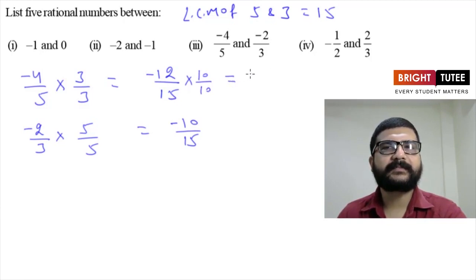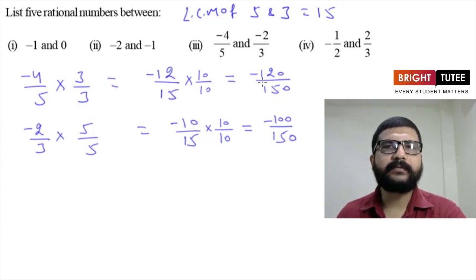Now this will give us minus 120 upon 150, and same we will do with this number also. We'll multiply it with 10 upon 10. Now this gives us minus 100 upon 150.